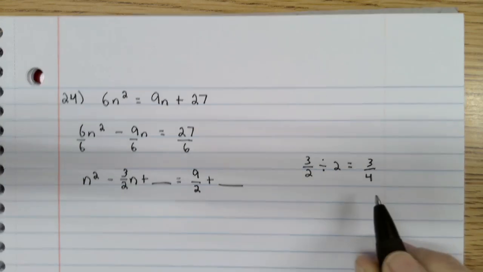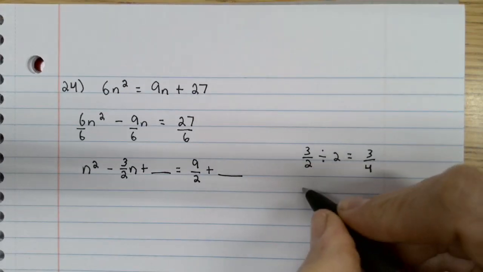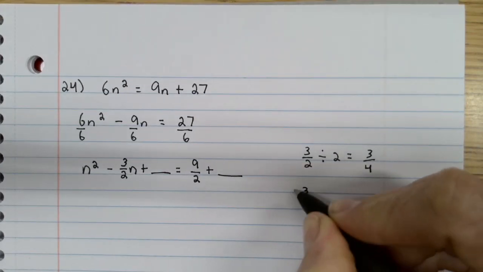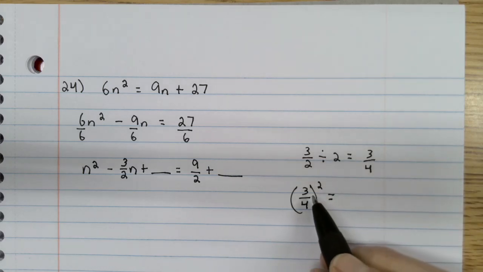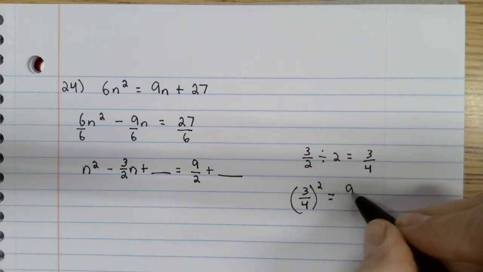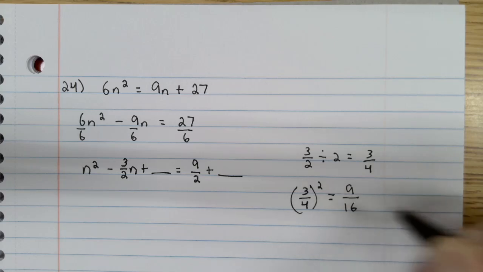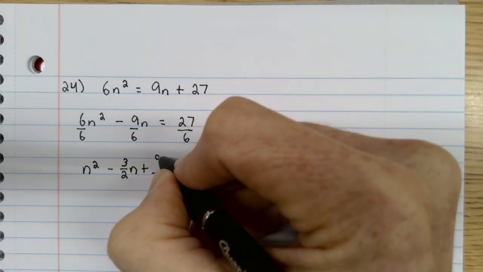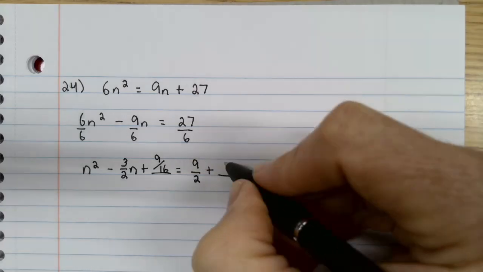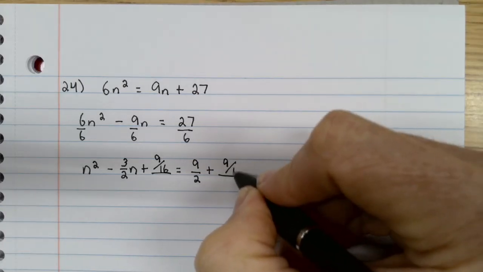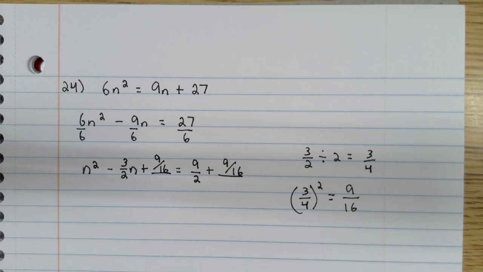And then we're going to square that. So 3 over 4 squared. And that just means you square the 3, so you get a 9, square the 4, you get a 16. So we got 9 over 16 that we're going to add to the left side. We've got to add the same thing to the right side, 9 over 16.